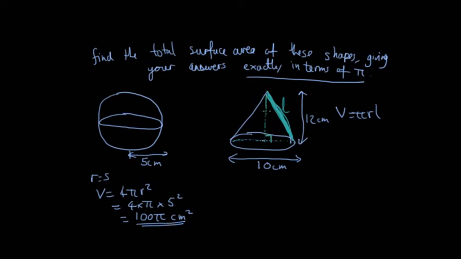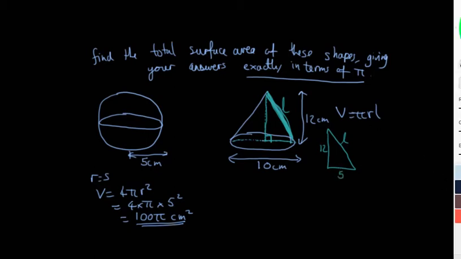I'll draw it out here to make it clear. Here's L, the height is 12, and the distance from the middle to the outer part is the same as the radius, which is half of the diameter, which is 5. So we know r equals 5.